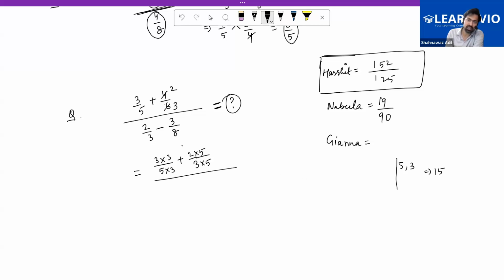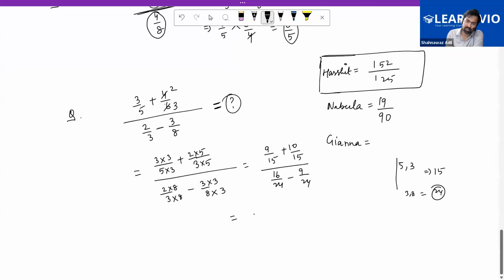Then 3 and 8, again no common factor, so the LCM is 24. So this is 9 by 15, 10 by 15, and then 16 by 24, 9 by 24.